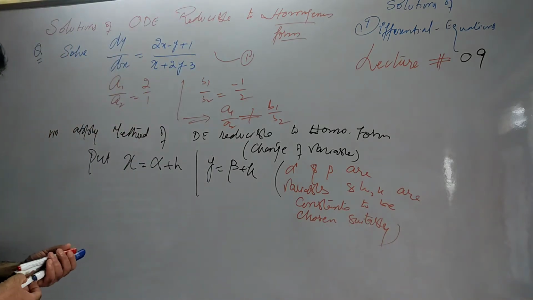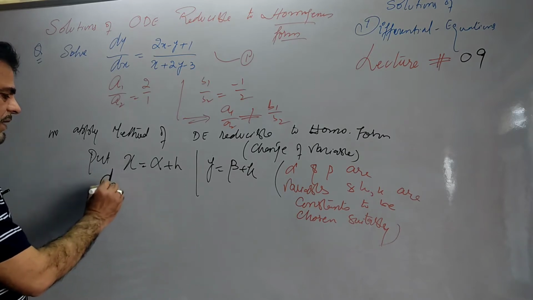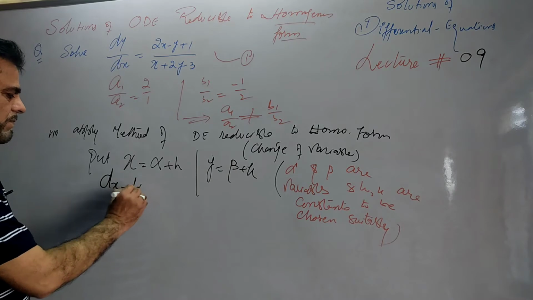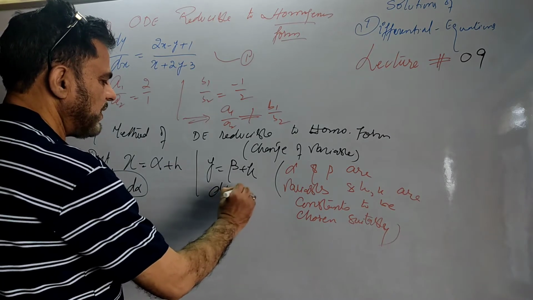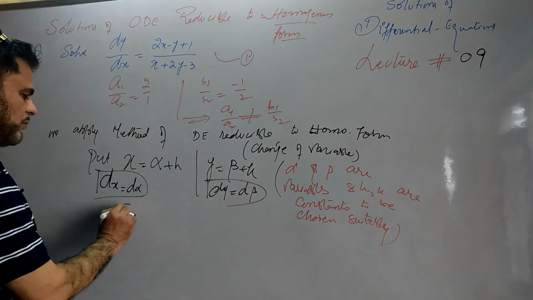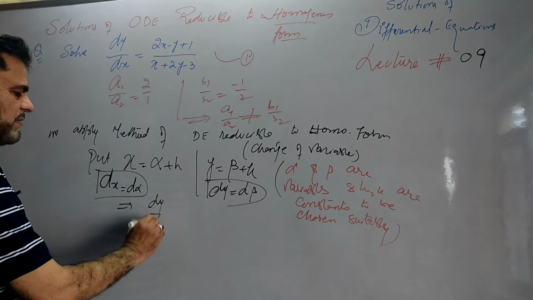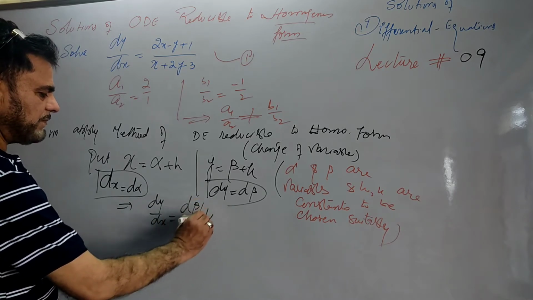Well, this gives you dx is d alpha. Here you get dy is d beta, so that dy by dx will be d beta by d alpha.